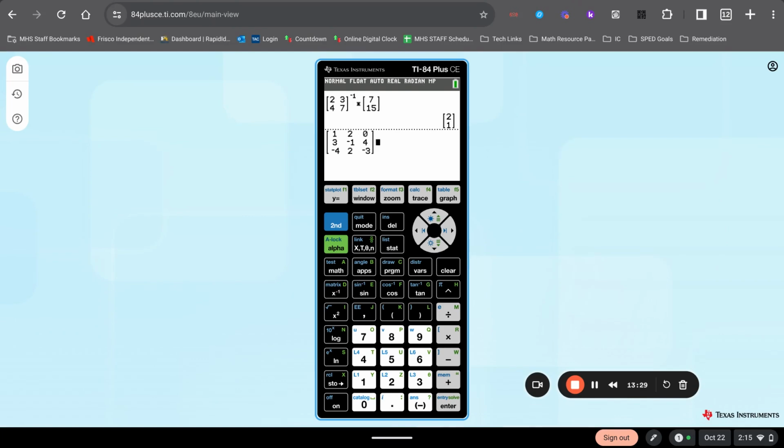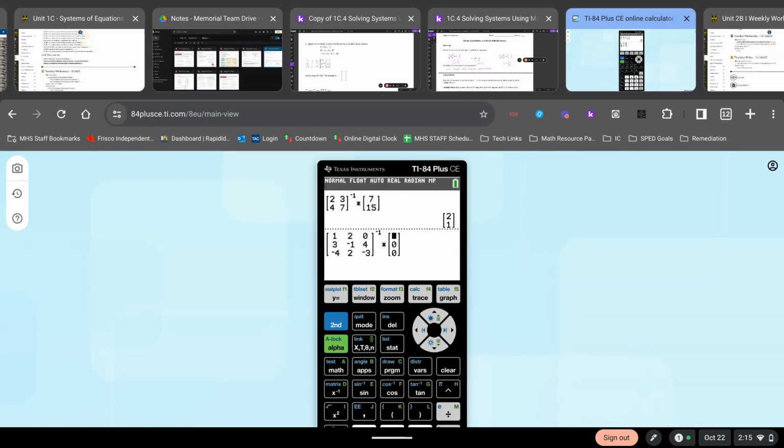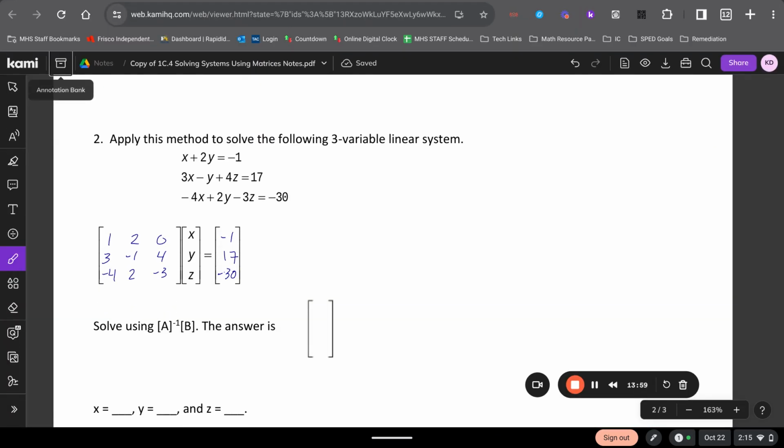And remember, I am taking this to the negative first power because I'm multiplying my coefficient matrix by my inverse matrix. So then I'm going to multiply this by a 3x1 matrix. So I want to go here to alpha zoom, and I want to stay in the matrix menu. And we want 3 rows, but this time just 1 column. And then that's my constants matrix, which is, of course, -1, 17, -30.